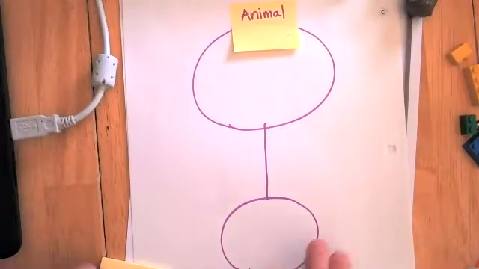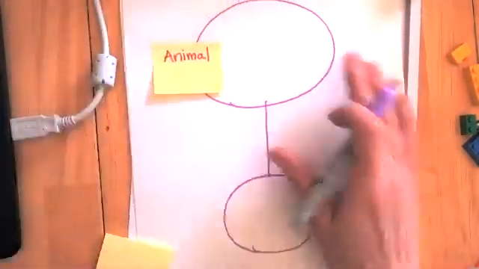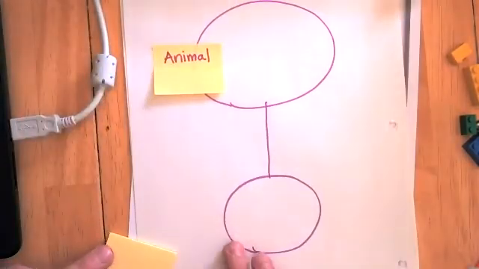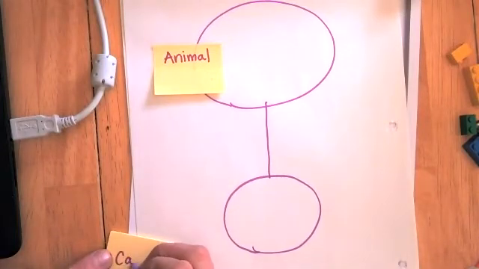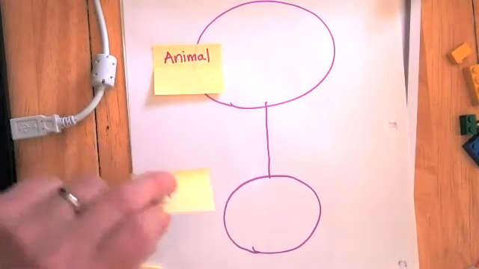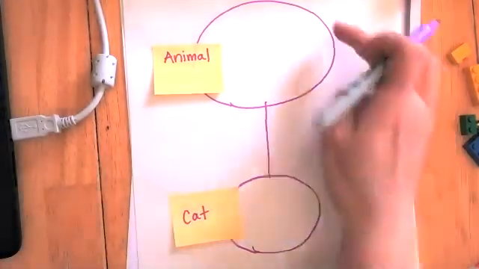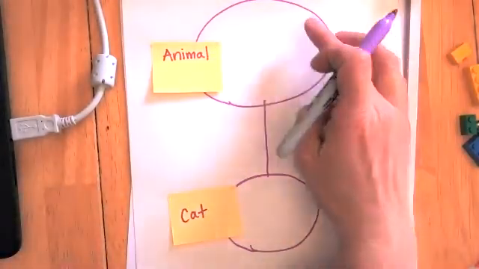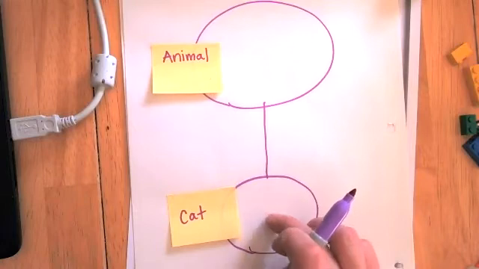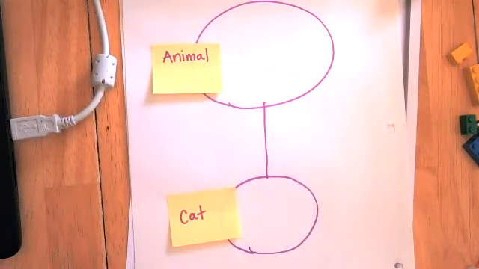Oops, can you see that? I'll put that there. It's an animal, and if it's a cat, the cat is going to go in the bottom. So first of all, any animals go here, and then from there, if the animal is a cat, it's going to go here. So we kind of have two sorting circles.